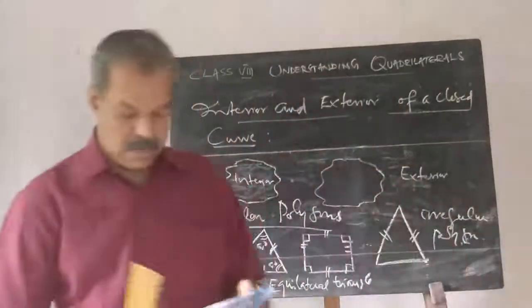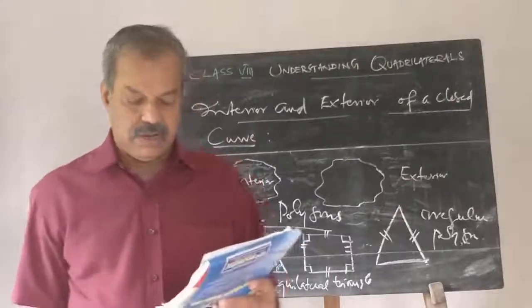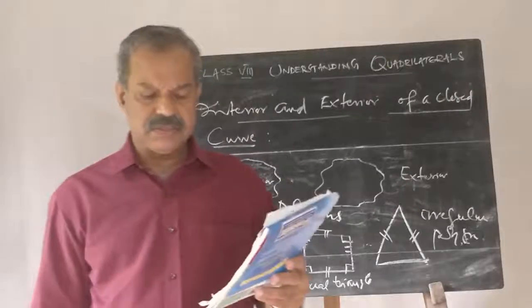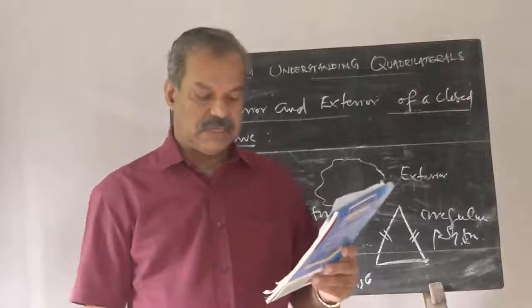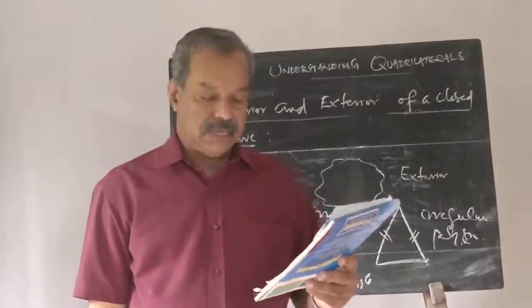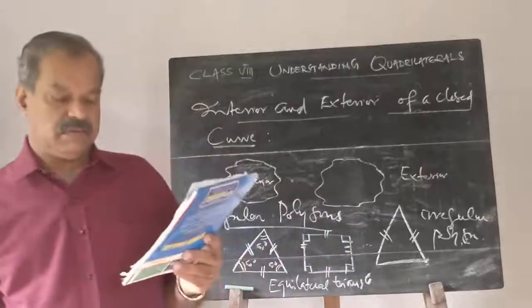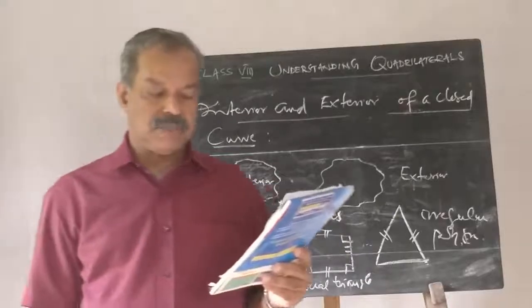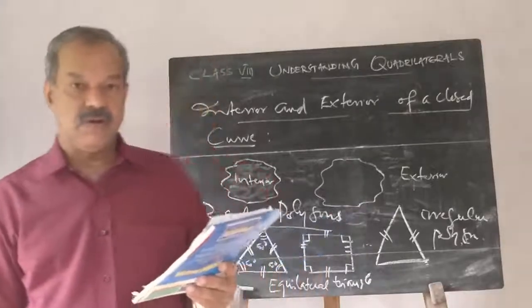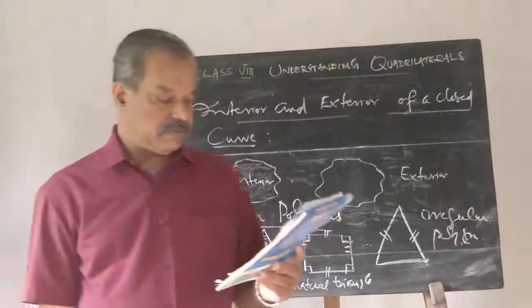So read the pages of the textbook from 36 to 40, where some figures are given in each page. Copy all these figures in your study book and tabulate them.